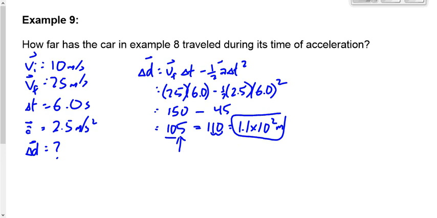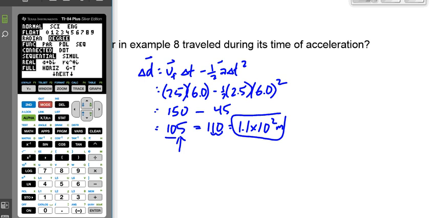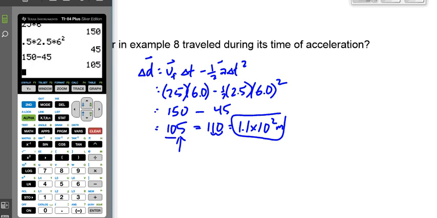Let me show you a little trick on the calculator for that one too. So how did I get 105? Watch this. I'm going to go into mode in my calculator. I'm going to go over to scientific. Press enter. Go back there. My answer is 105. I'm going to multiply that by 1. Why am I going to multiply that by 1?